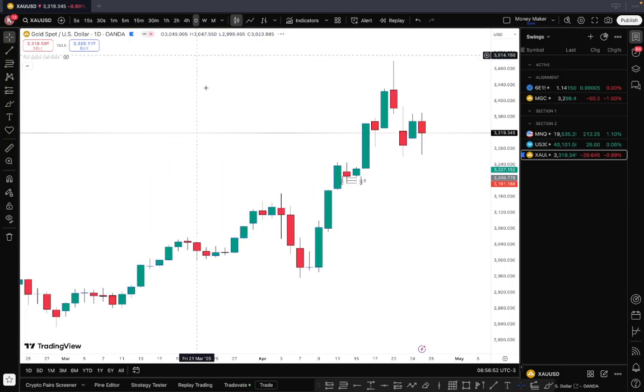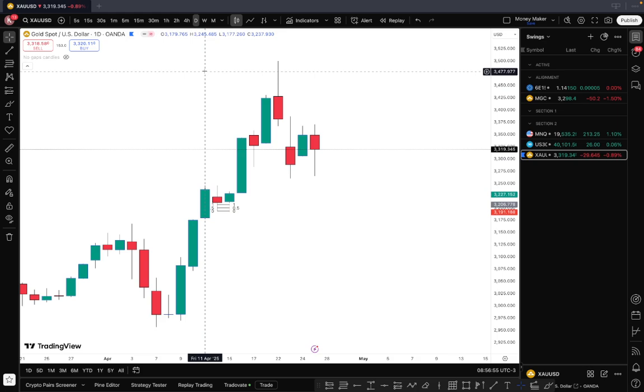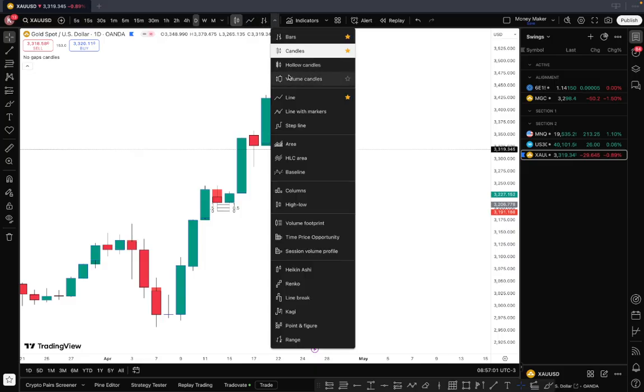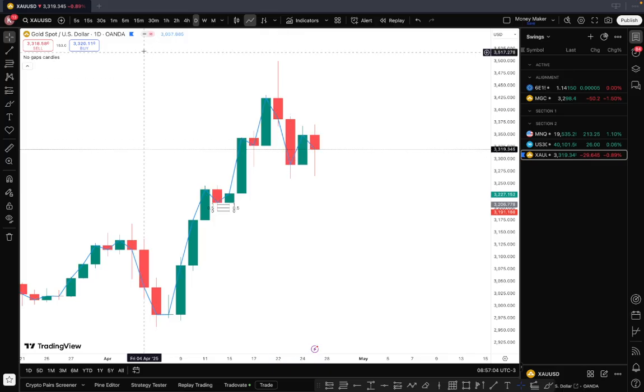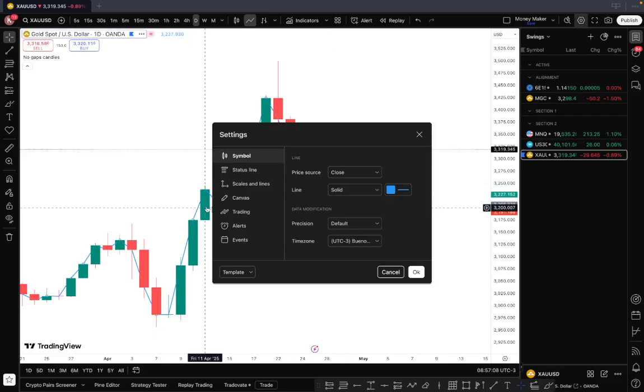So essentially, what I do is really easy. I just have to find something that has no gap. Let me activate my no gap candle and line. Okay. Not sure why this is showing up.